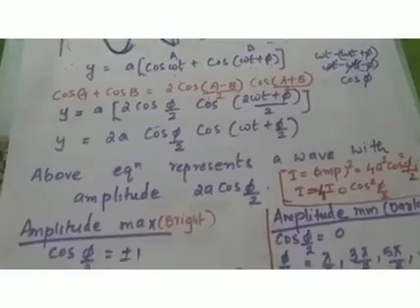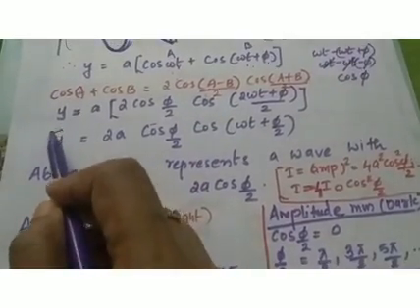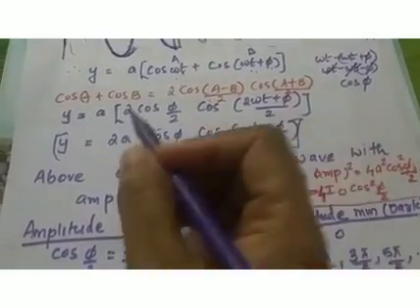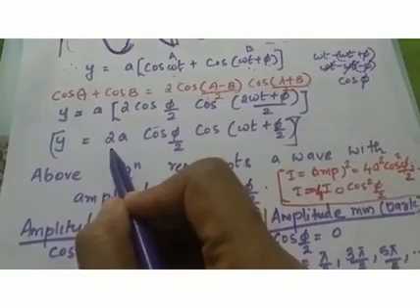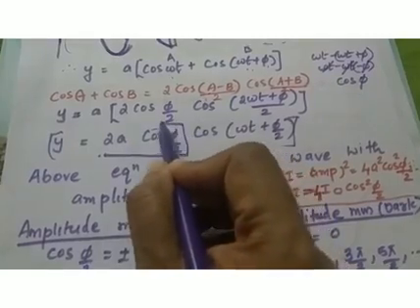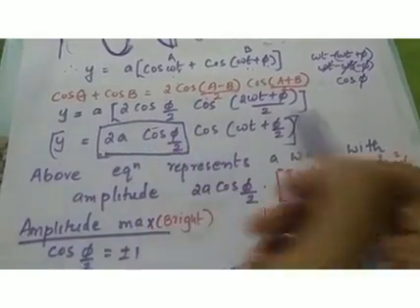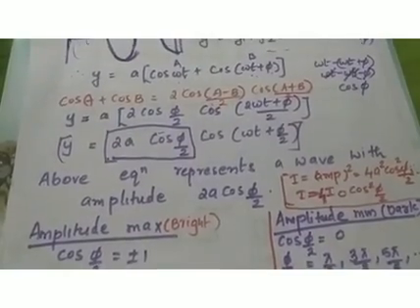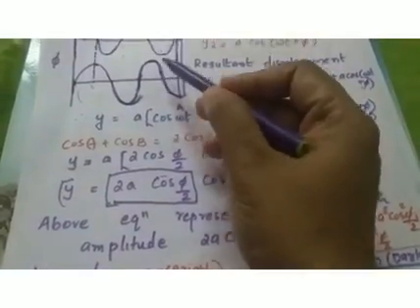This equation represents a wave with an amplitude of 2a cos(phi/2). So in this wave equation, this portion represents the amplitude of the resultant wave, that is, the wave obtained by the superposition of these two waves.